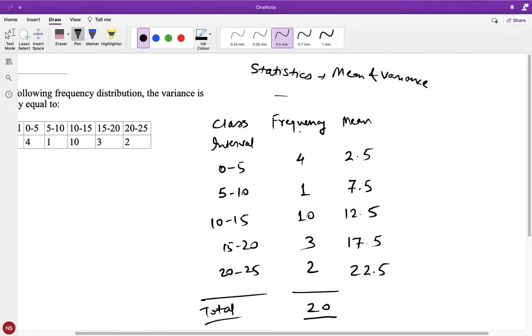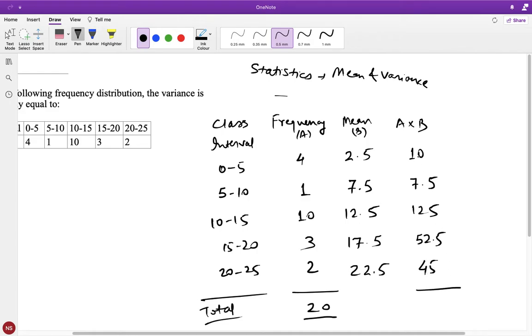So now if this is A, this is B, this will be A into B. 4 into 2.5 is 10, this is 7.5, this is 125, this is 17.5 times 3 is 52.5, 22.5 times 2 is 45.